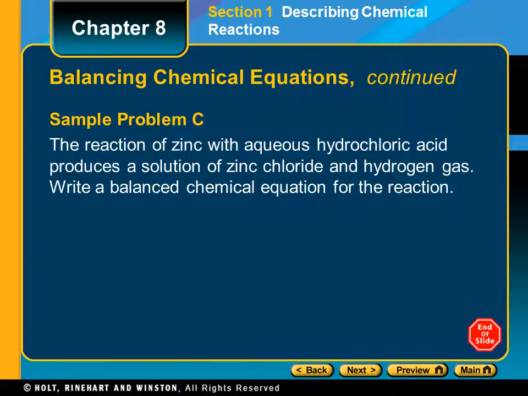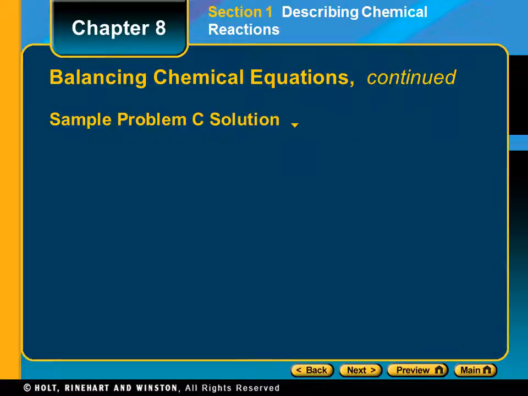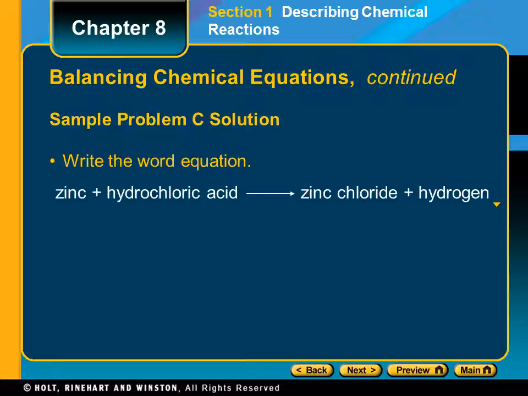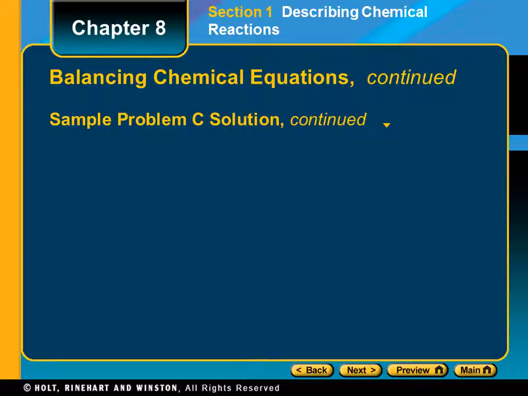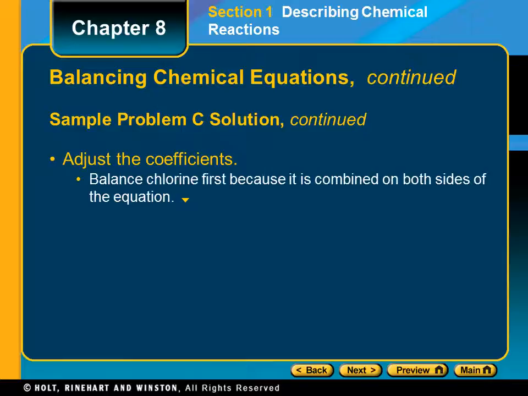Sample problem here, reaction of zinc with aqueous hydrochloric acid produces a solution of zinc chloride and hydrogen gas. Write a balanced chemical equation for the reaction. Write the word equation, zinc plus hydrochloric acid yields zinc chloride plus hydrogen. Write the formula, Zn plus HCl yields ZnCl2 plus H2. Start adjusting the coefficients.